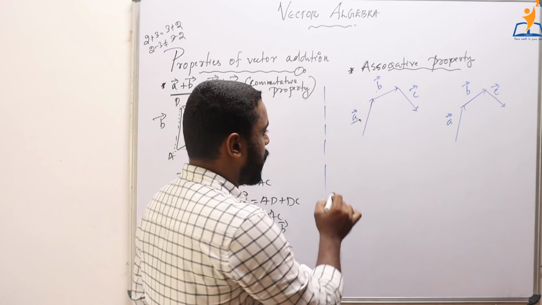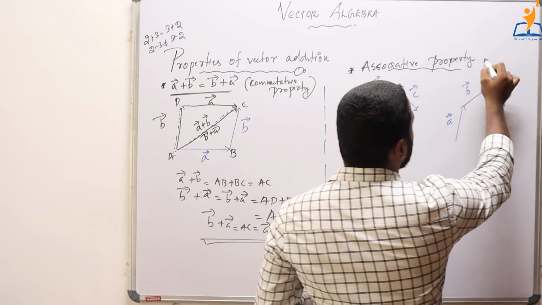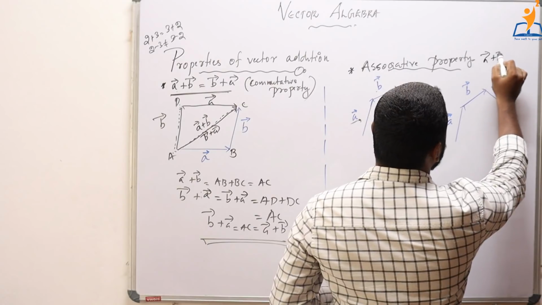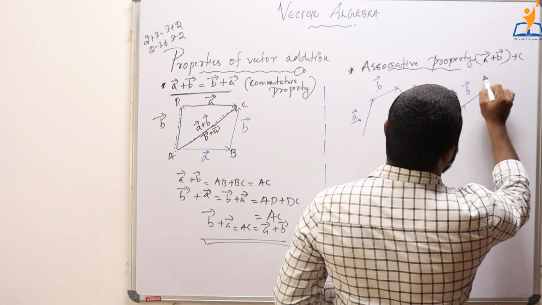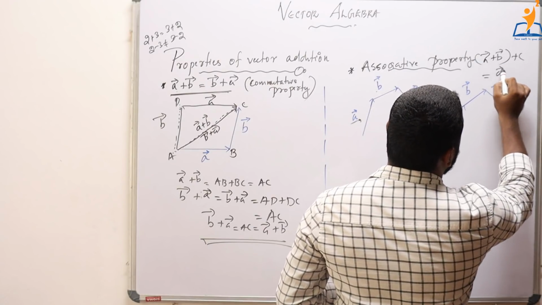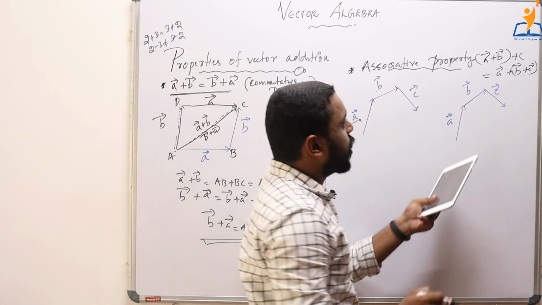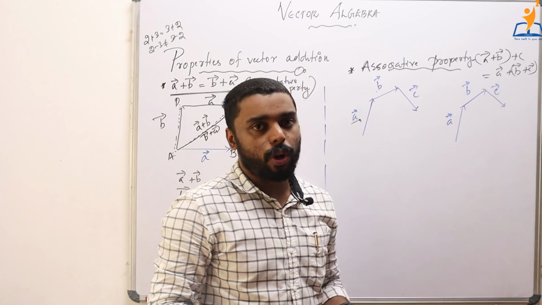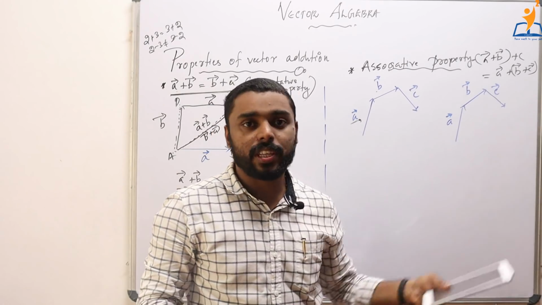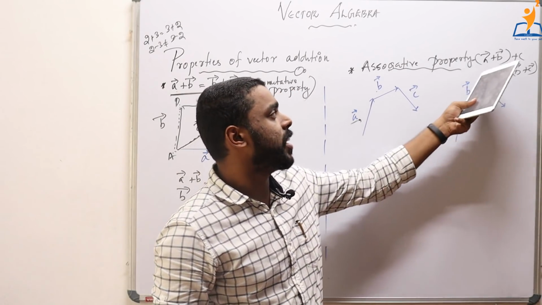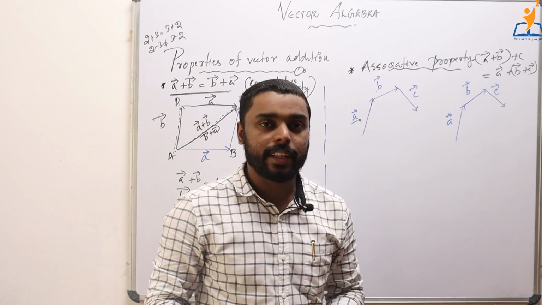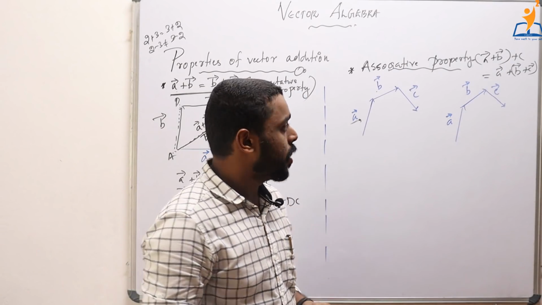We are going to check whether the associative property, vector A plus B plus C is equal to vector A plus vector B plus C, holds or not. These are any arbitrary three vectors and we are going to check whether this condition is valid in the case of vector addition or not.